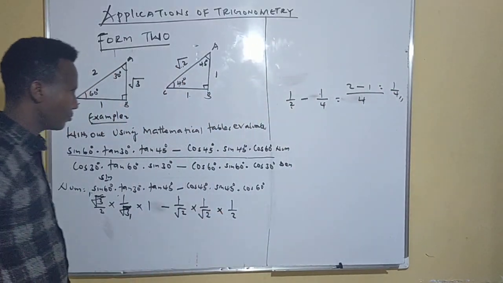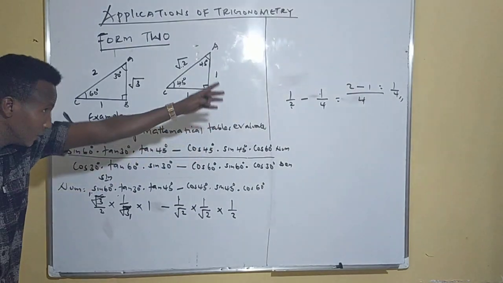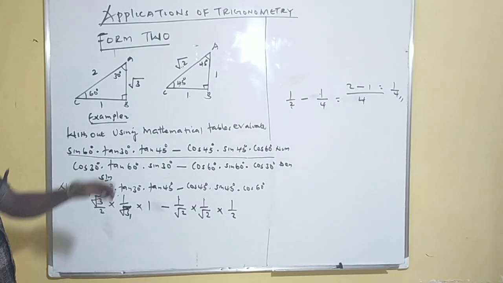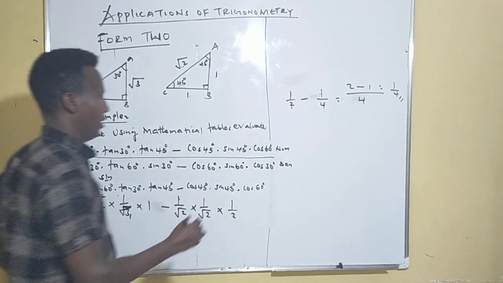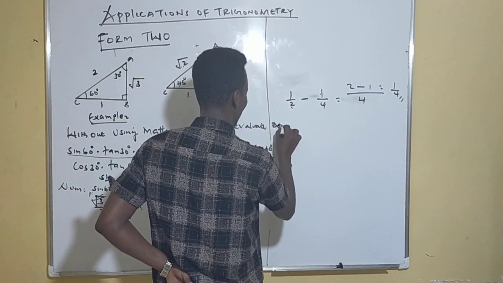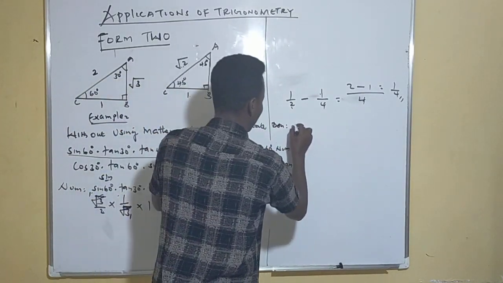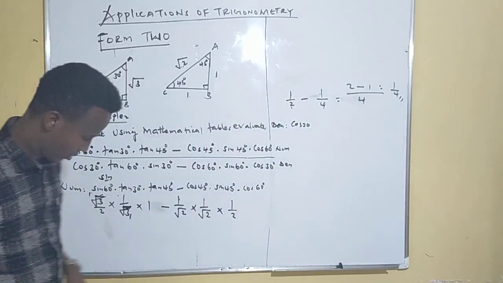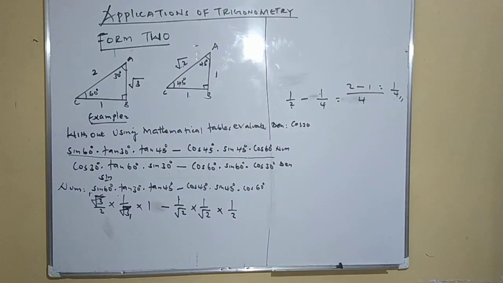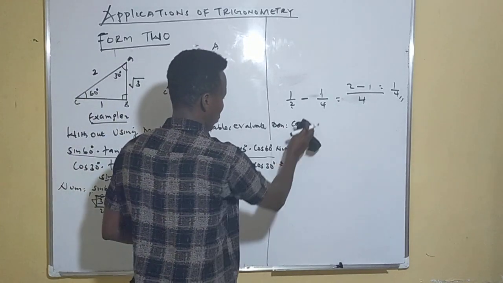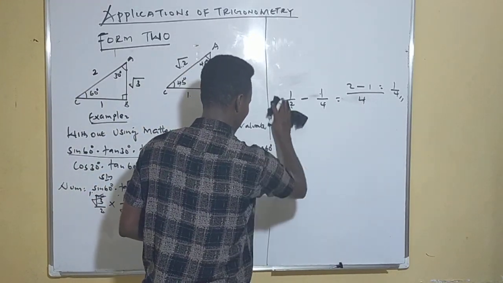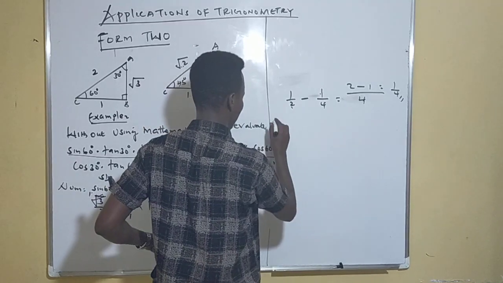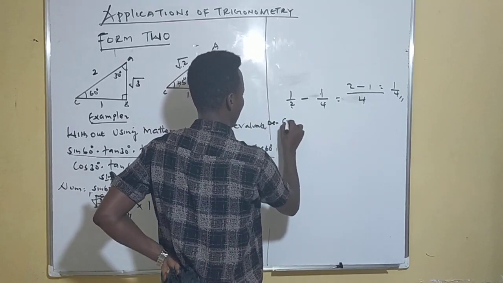We have gotten the value of all these things as 1 out of 4. Let's go to the den, which is the denominator. Then we have cos 30 degree.